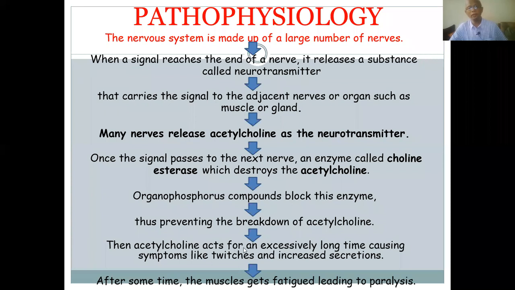Then acetylcholine acts for an excessively long time, causing twitches and increased secretions. Then there are many effects, which we will talk about subsequently: muscarinic effects, nicotinic effects, and CNS effects. After some time, the muscle gets fatigued, leading to paralysis. So this is the pathophysiology of this poisoning in a nutshell.